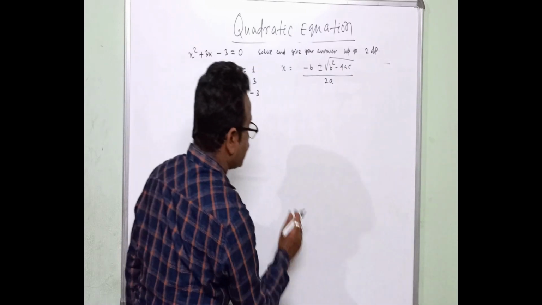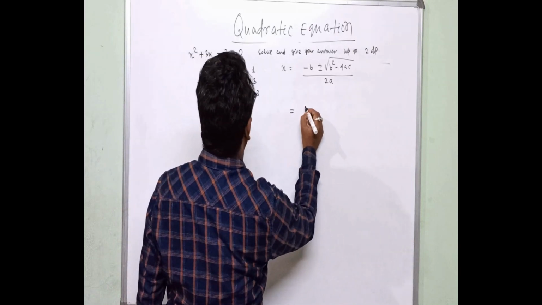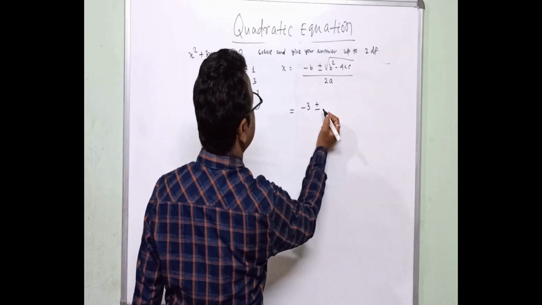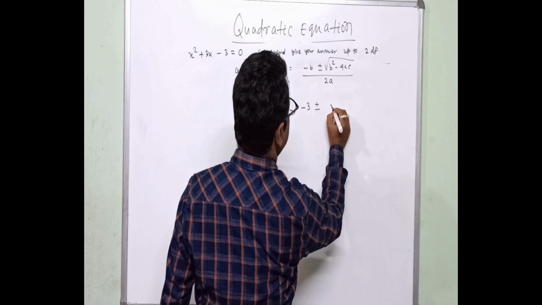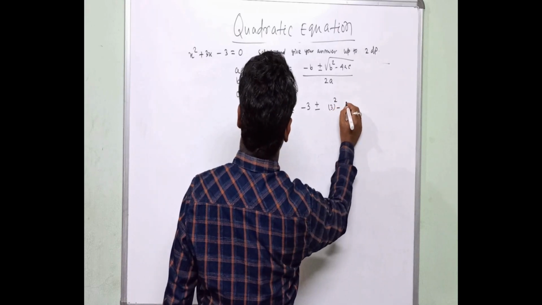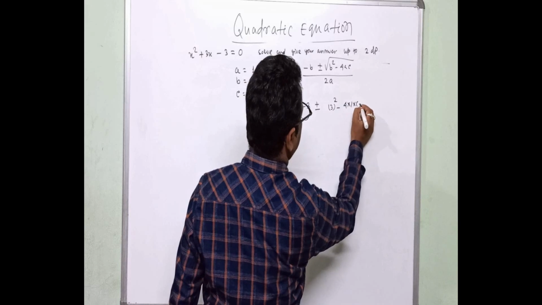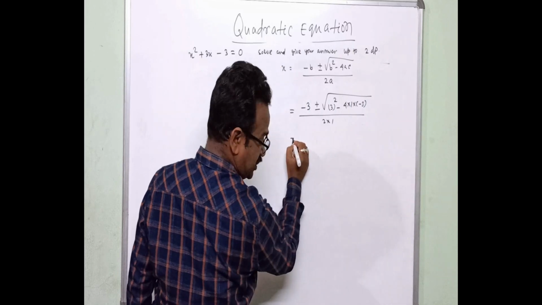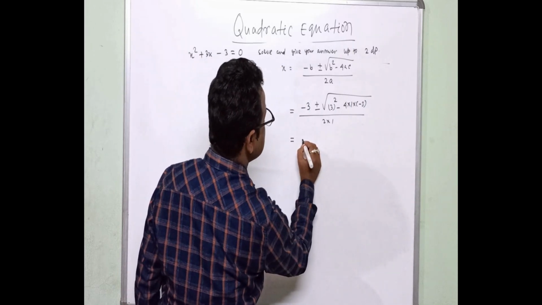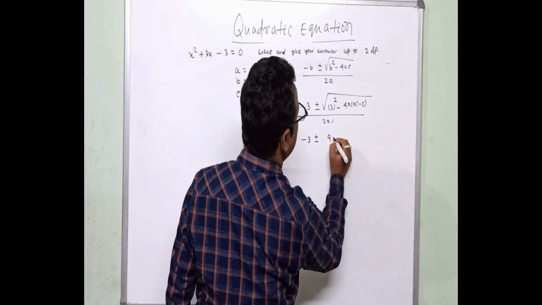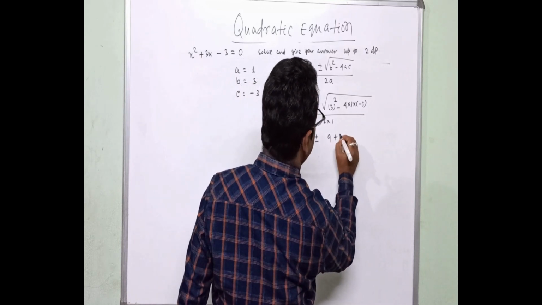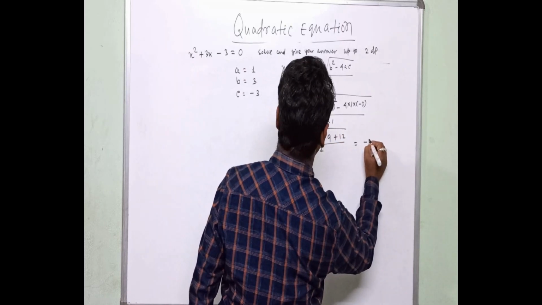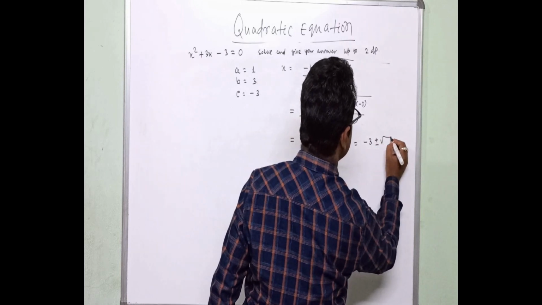So that is equal to minus of minus 3 plus minus root of 3 square minus 4 into 1 into minus 3, divided by 2 into 1, is equal to minus 3 plus minus root of 9 plus 12, by 2, that is equal to minus 3 plus minus root 21.